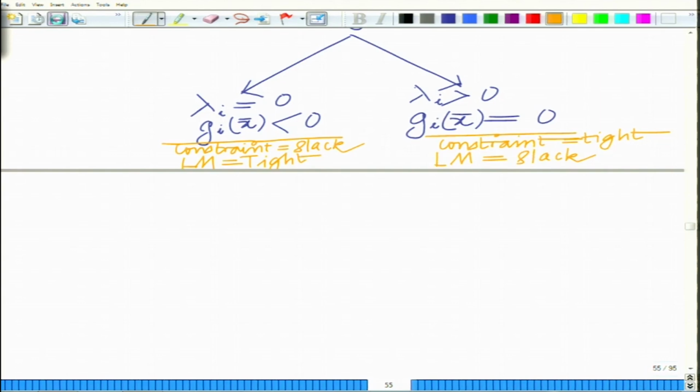So, this is the meaning of complementary slackness, that is either the Lagrange multiplier is slack or the constraint is slack.